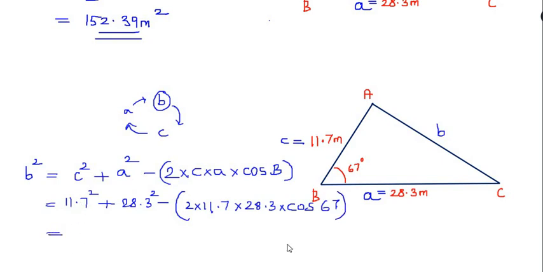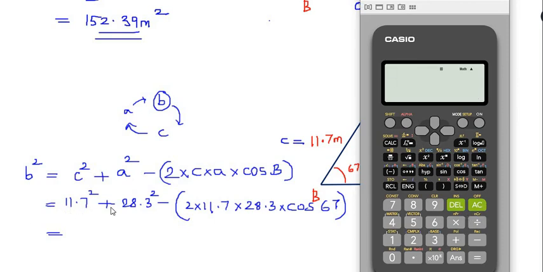So let us put it in a calculator. We have 11.7 squared plus 28.3 squared minus, do not forget to put a bracket because this is all together, 2 times 11.7 times 28.3 times cos of 67 degrees.